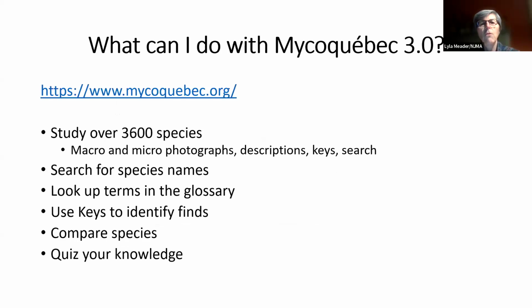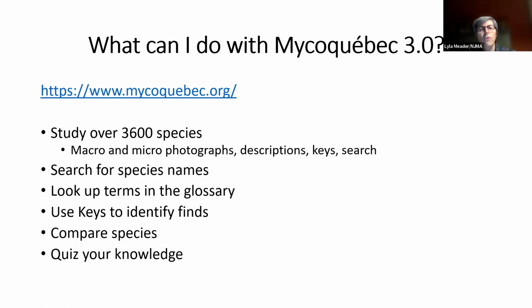So what can one do with it? Well, first of all, you've got to know where to find it. So here's the URL to find this database, this tool. In that, they've got over 3,600 species. And associated with those species are macro photographs.